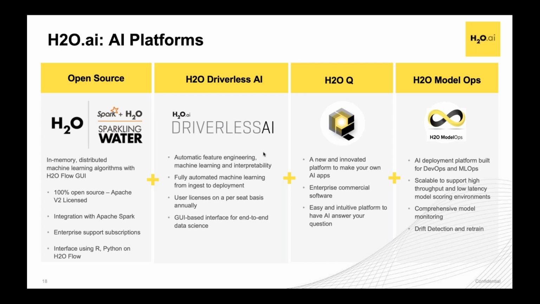We also have an AutoML platform, the Driverless AI platform, which I showed some time ago. We also recently introduced the third gen app and data exploration app, data app building platform, which is the H2O Wave, and then the ModelOps platform itself, which I showed you just a while ago, right?